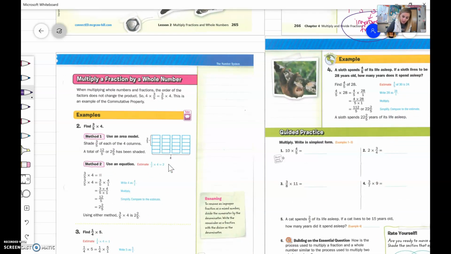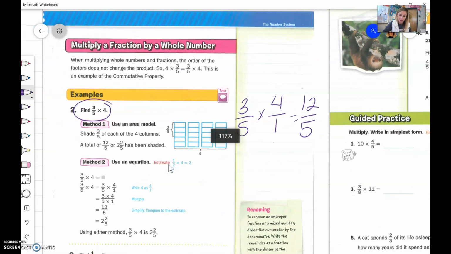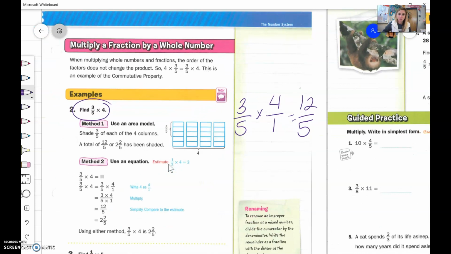Well, let's see. If I follow 3/5 times 4 over 1, I'm going to get 12/5, because I multiply my numerators and then I multiply my denominators. Can I leave it as 12/5? No, I have got to take that numerator and divide it by the denominator. I'm going to move it down here, and I'm going to drop this down.